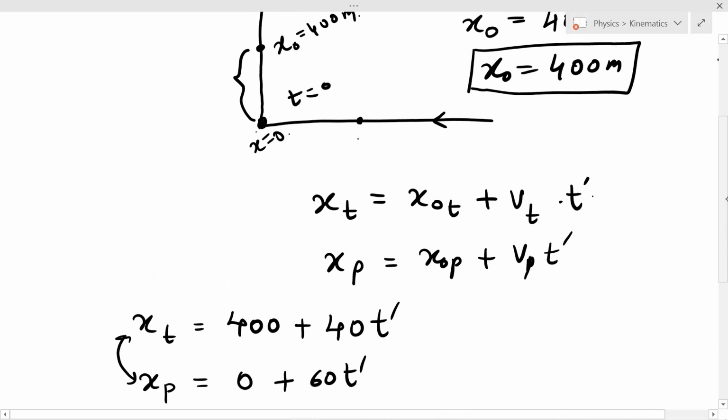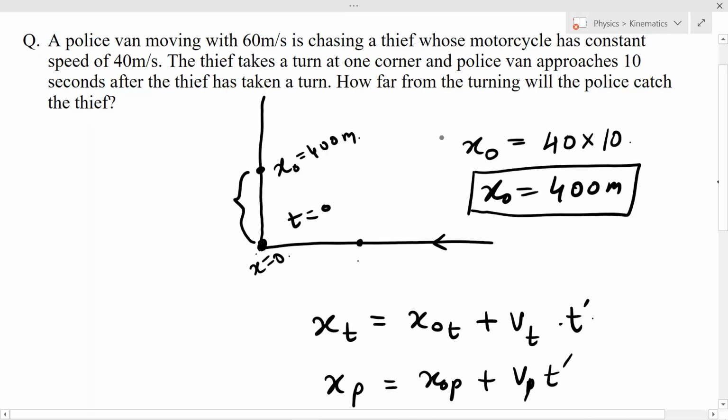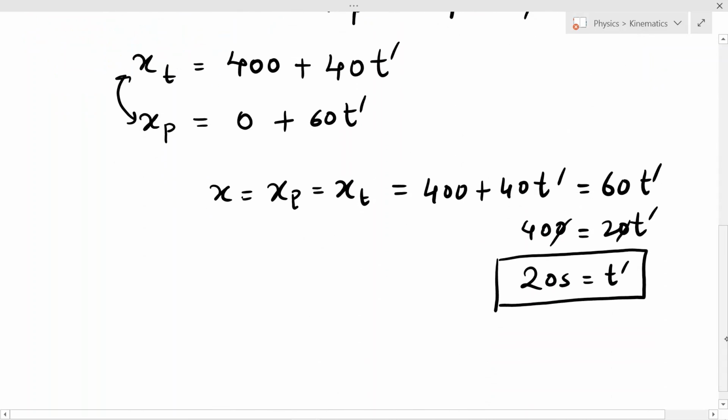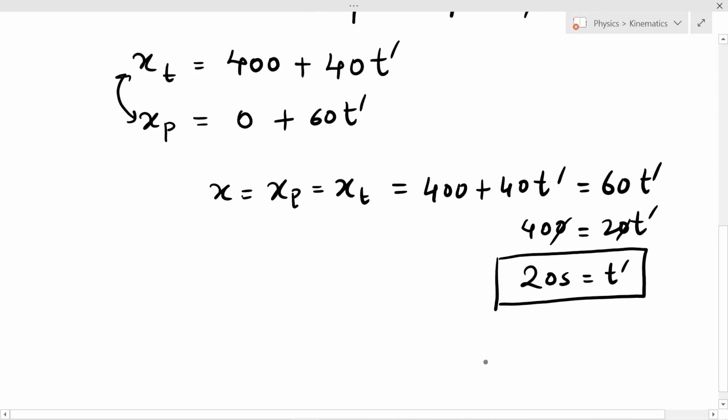Now, we have to know the distance at which these two meet. So how far from the turning? So at t dash, what will be the x? So at t dash, xp and xt are equal, so we can calculate one of these. xp will be easier to calculate.